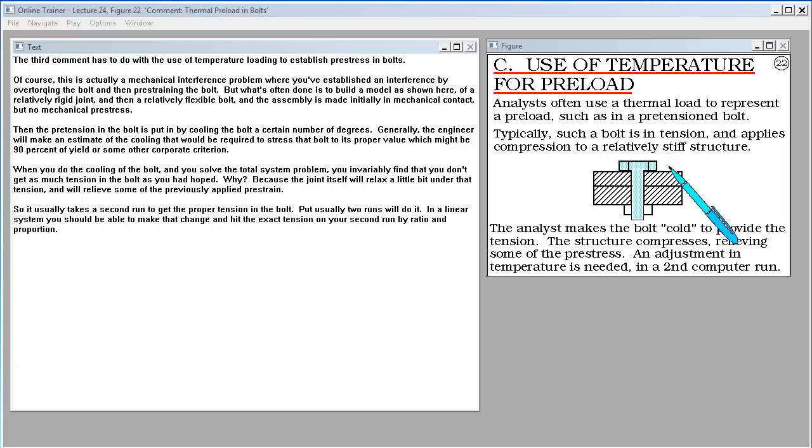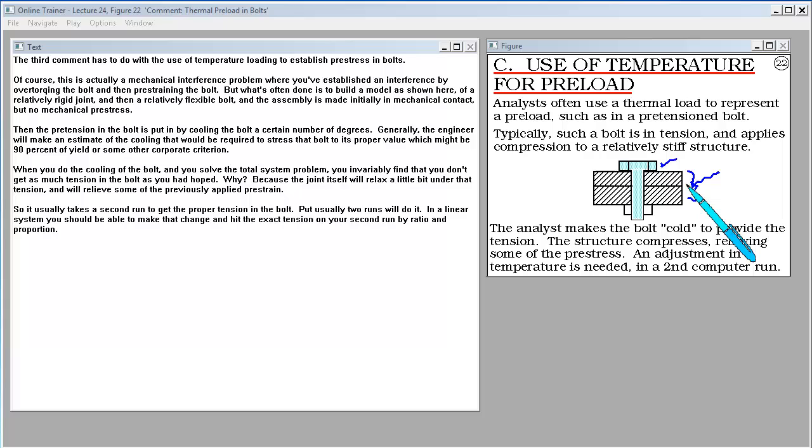But what's often done is to build a model, as shown here, of a relatively rigid joint and then a relatively flexible bolt, and the assembly is made initially in mechanical contact but no mechanical pre-stress. Then the pretension in the bolt is put in by cooling the bolt a certain number of degrees. Generally, the engineer will make an estimate of the cooling that would be required to stress that bolt to its proper value, which might be 90% of yield or some other corporate criterion.